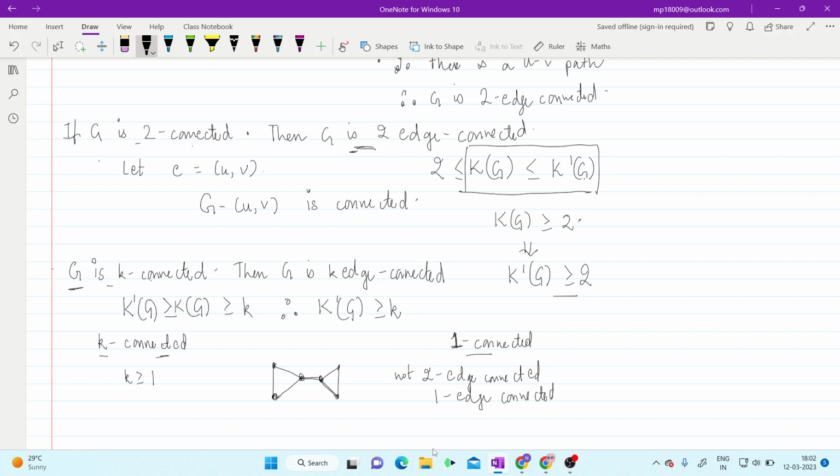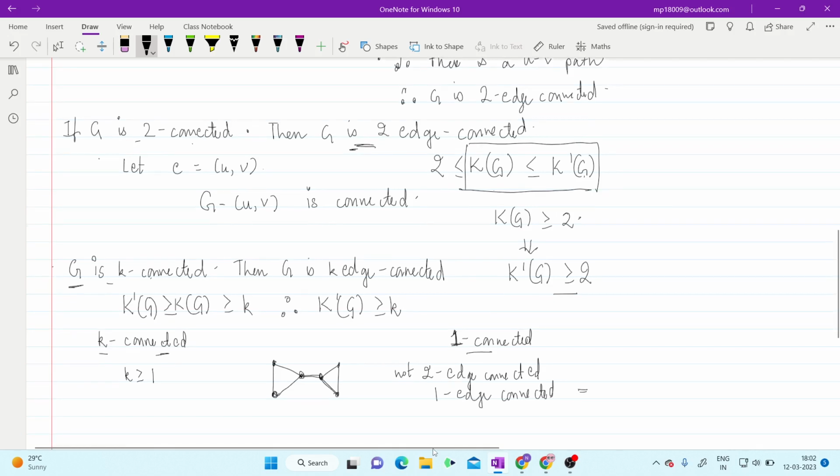So one edge connected, or one connected, we just mean that the graph is connected. So basically, all connected graphs are one connected and one edge connected. Was this your question? Okay, I got it.